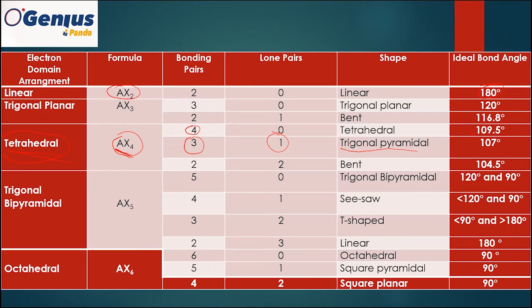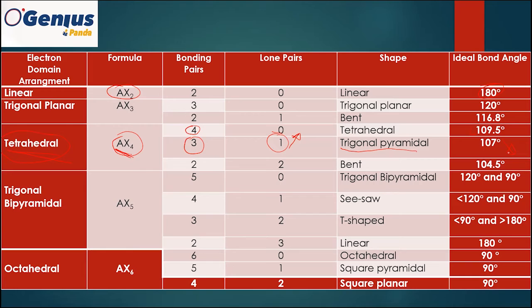And we said when the number of lone pairs is increasing, the bonding angle decreases. You can follow the chart and determine, based on the number of bonding pairs and lone pairs you have, the shape of your molecule, the arrangement of electron domains, as well as the ideal bonding angle.